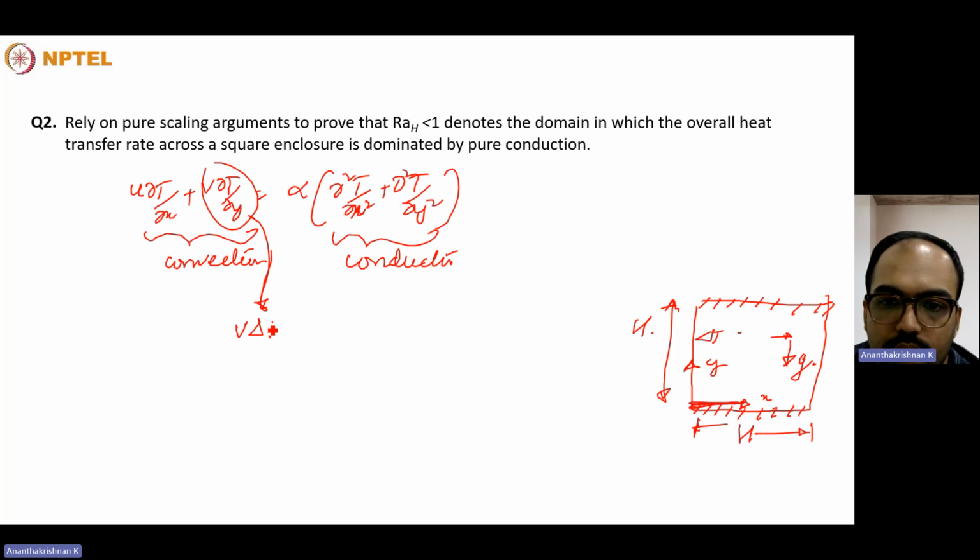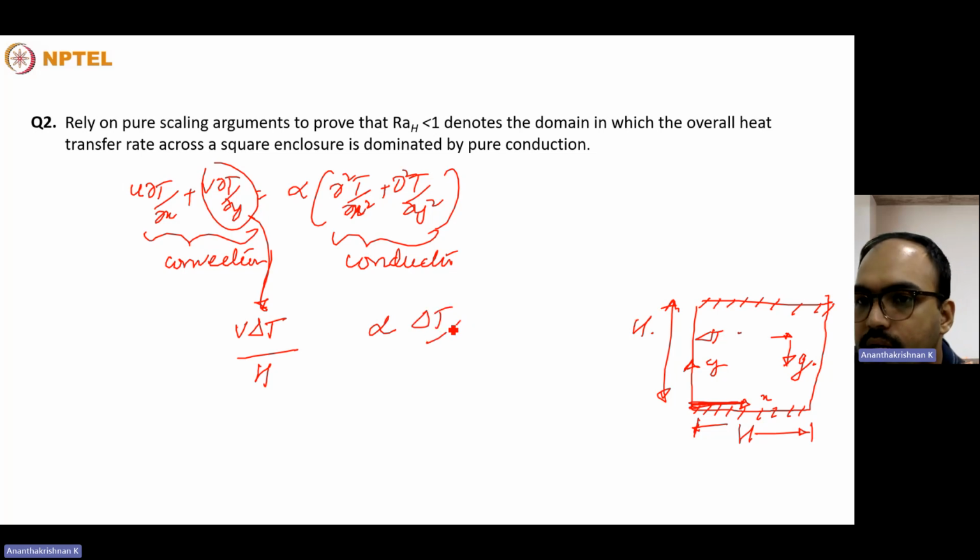And the conduction term could be scaled as alpha delta T divided by X squared.